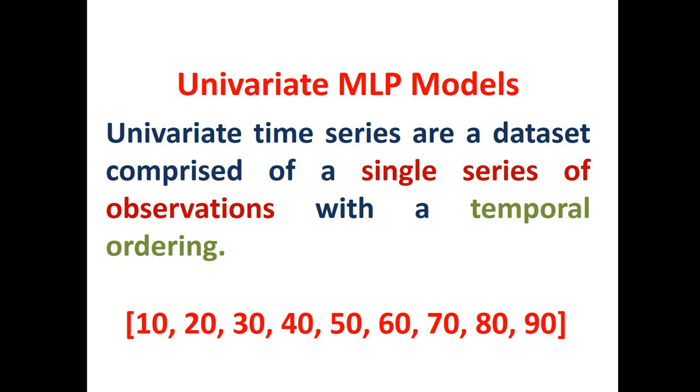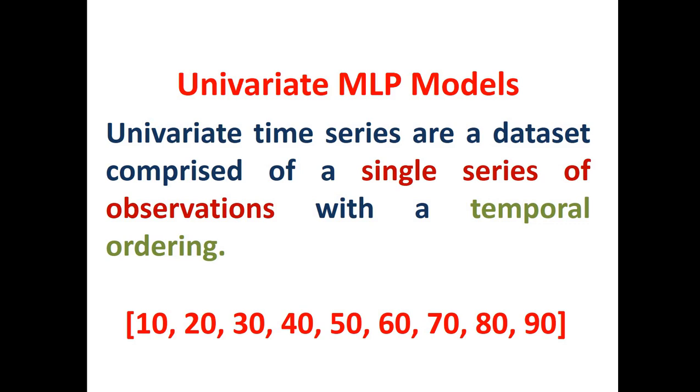Now, in order to build a model, we will call it a univariate MLP model first. Univariate time series are a data set comprised of a single series of observations with a temporal ordering.